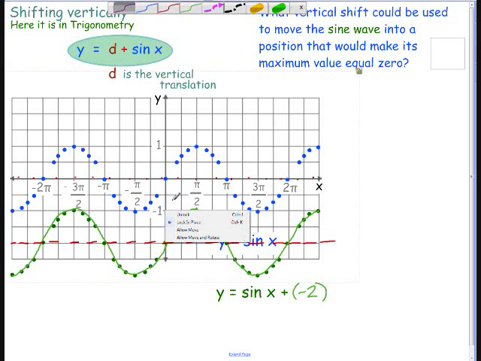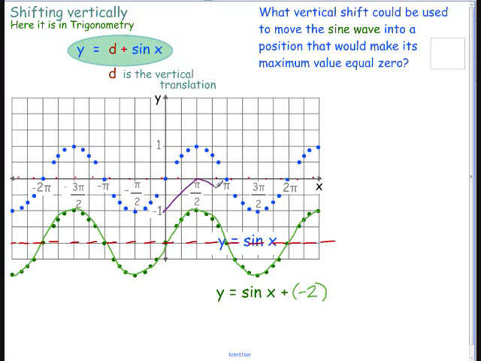So if it had been located, see how well I can draw it, right up there, I would have had a maximum value of 0. So what vertical shift would I need for that? This would be y equals sine x minus 1. That would do it. Agreed?